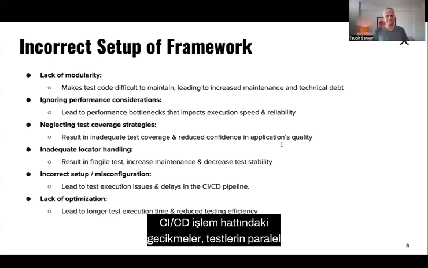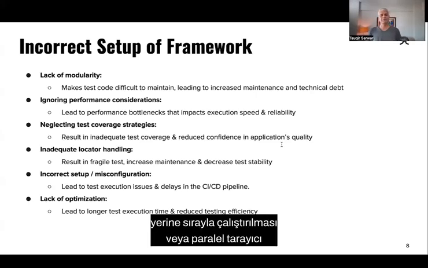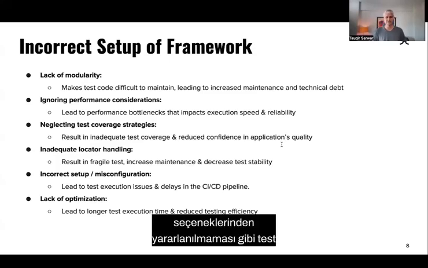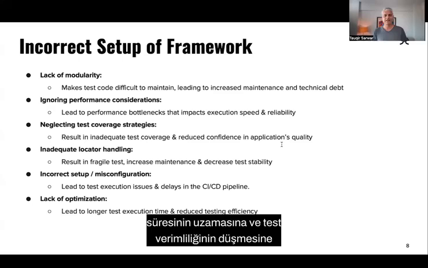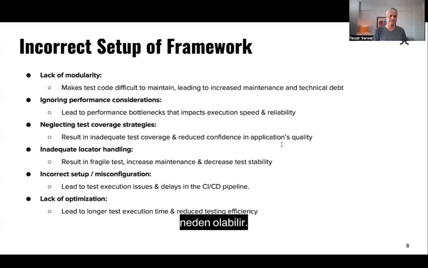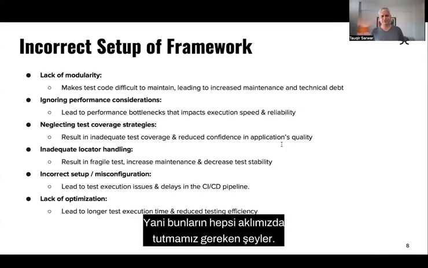Delays in the CI/CD pipeline, lack of optimization for test execution, such as running tests sequentially instead of in parallel, or not leveraging headless browser options, can lead to longer test execution time and reduce the testing efficiency. So these are all things we should keep in mind.